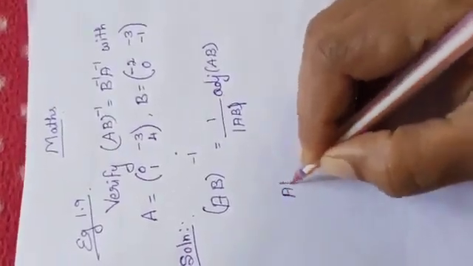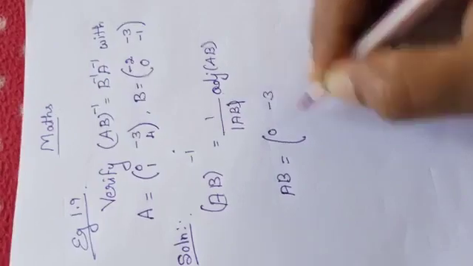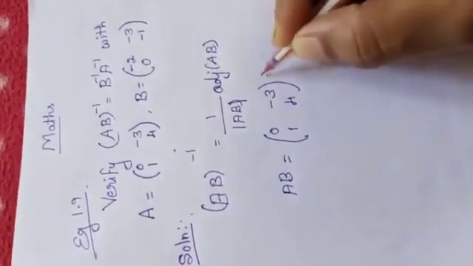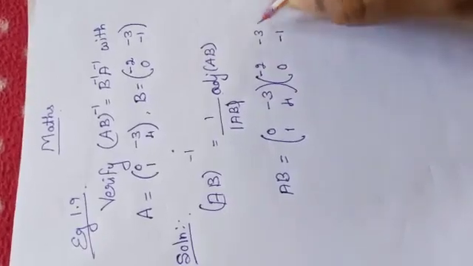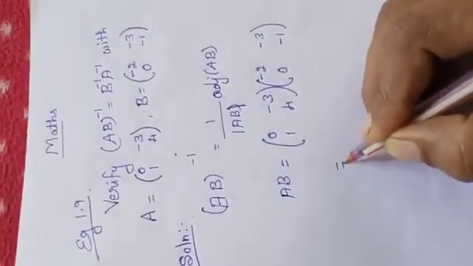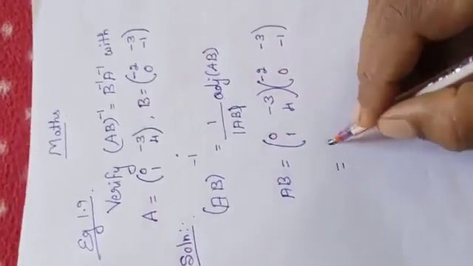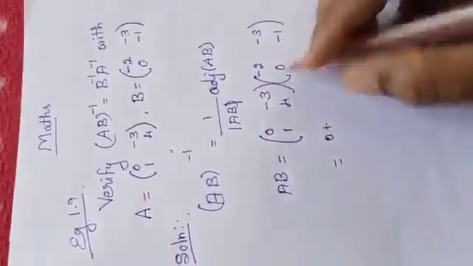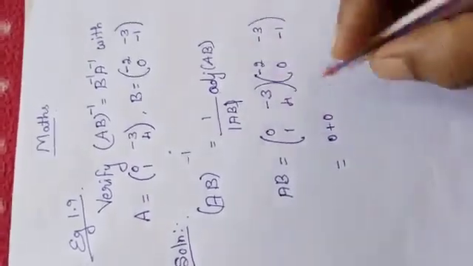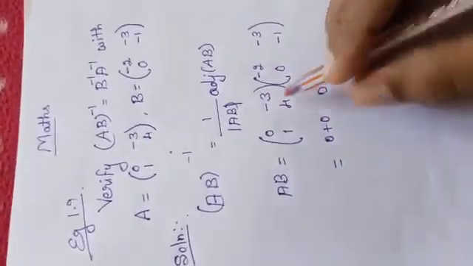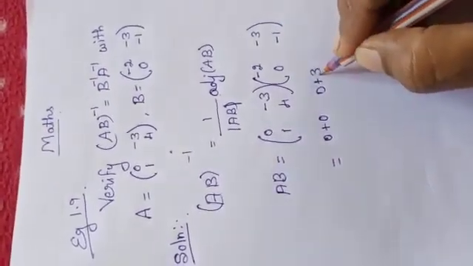So, we can find AB first. A into B, that's matrix 0, minus 3, 1, 4 into B, minus 2, minus 3, 0, minus 1. Shall we multiply? Row into column. 0 into minus 2, 0, plus minus 3 into 0 again, 0. First row, second column: 0 into minus 3, 0, plus minus 3 into minus 1 is plus 3.